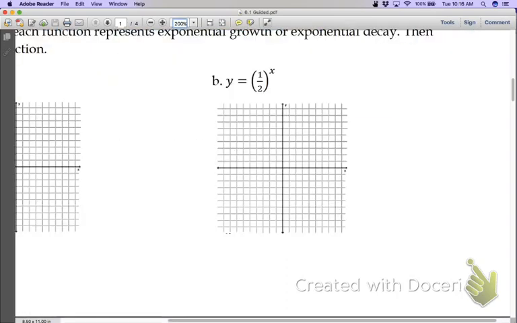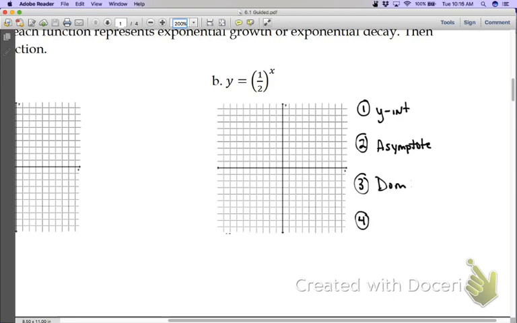So I'm still going to find 4 things. I'm still going to find my y-intercept. I'm still going to find my asymptote. I'm still going to find my domain.